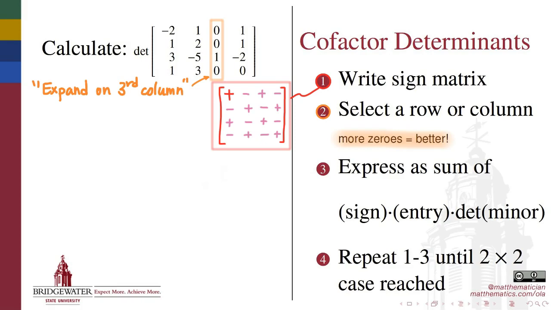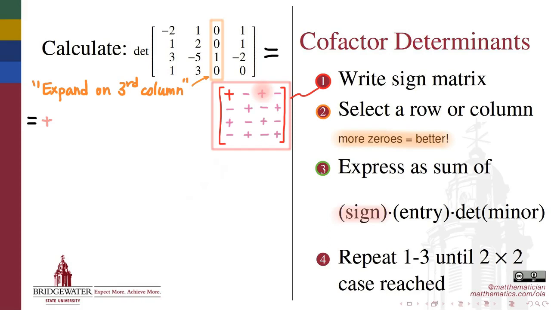Now, for each entry in the column or row that you selected, form a product of the sign of the corresponding entry in the Sign Matrix, multiplied by the entry from the matrix itself, multiplied by the determinant of what we'll call the minor matrix associated with that entry. Here's what that looks like.